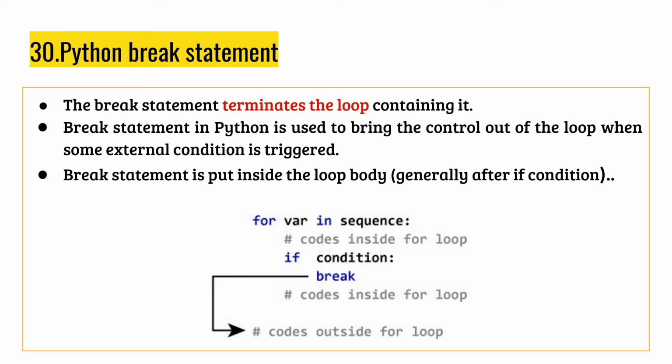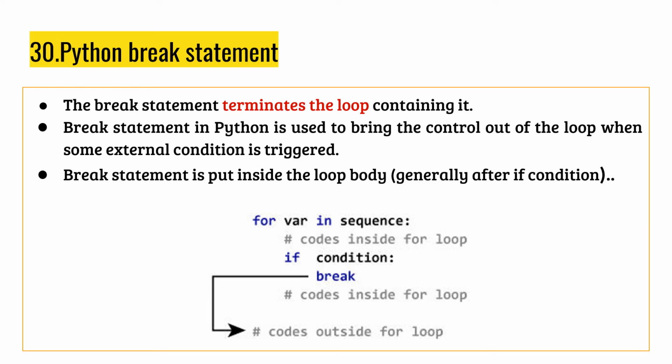So here we are going to illustrate how the break statement really works behind the scenes. The break statement terminates the loop from inside. Let's go straight to the code. We are designing a for loop, and inside the for loop we are writing a condition.